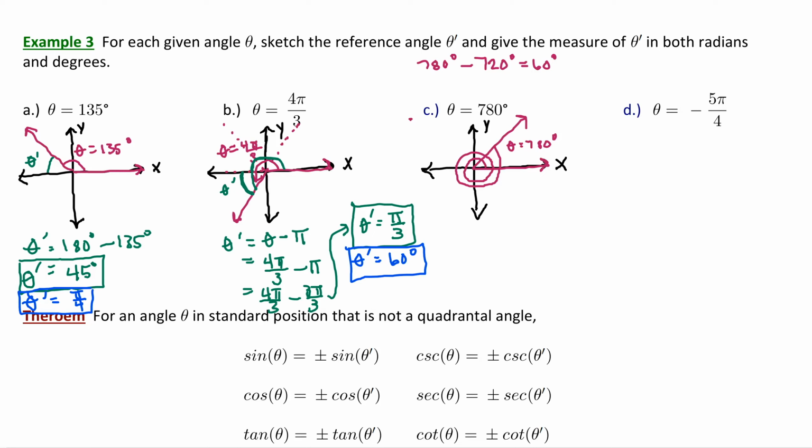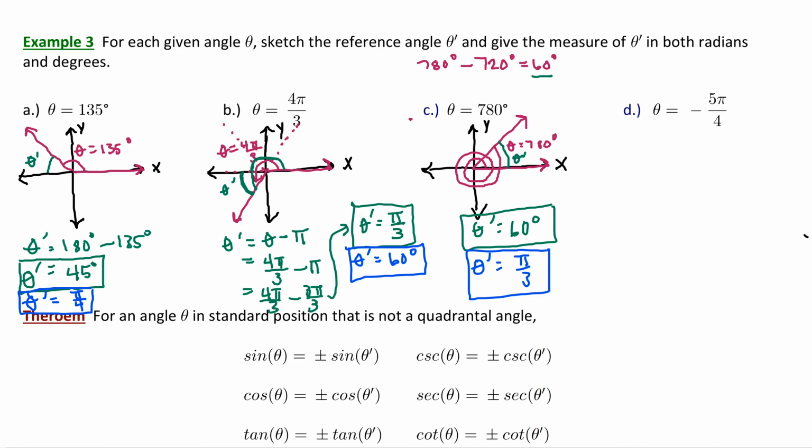Because the reference angle is made here with the positive x-axis, and we have already determined that it's coterminal with 60 degrees, we can see that theta prime then is equal to 60 degrees. Converting that to radians, we could also express that as pi over 3. So we're kind of picking on 60 degrees and pi over 3 in these last two examples.